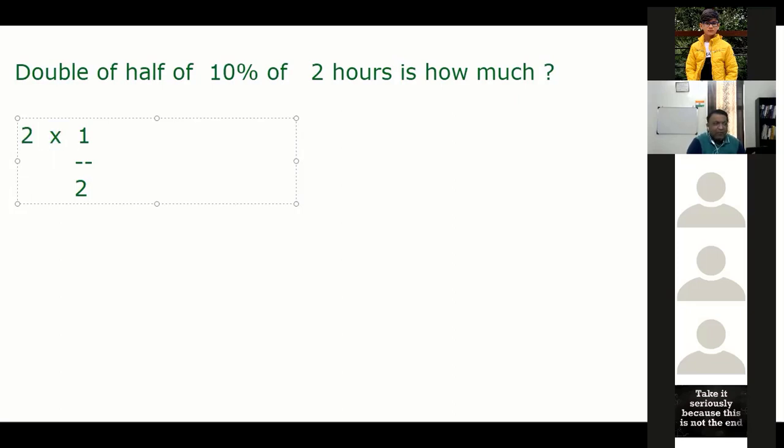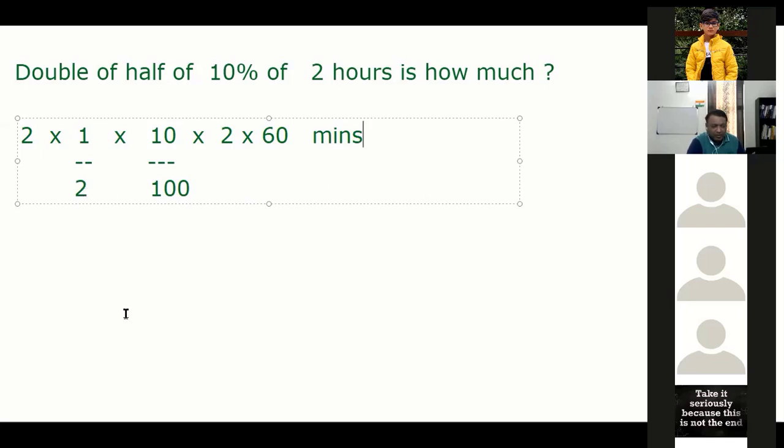And half of, what does of mean now? Multiply. Then 10% means 10 upon 100. Again of means multiply. Then 2 hours means 2 into 60 minutes. See, guys, this is the clear way of solving. Write everything in numbers.